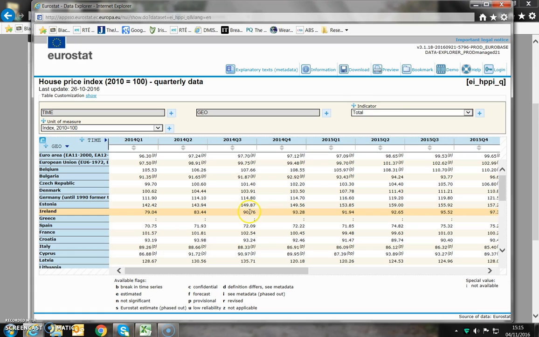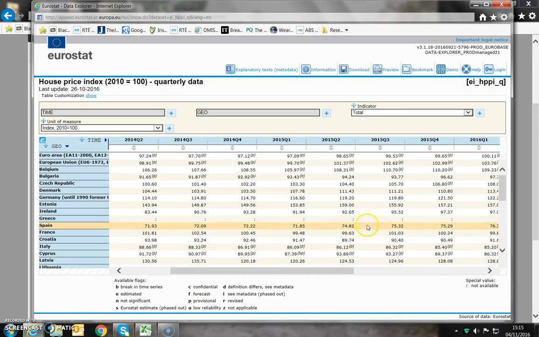In 2014 quarter 3, about 6.5% just over it. In 2014 quarter 4, a bit of a change in prices here. They've fallen a taste down to just over 8% lower than what they were in 2010. And as you scroll along, you can see that they are increasing over time.